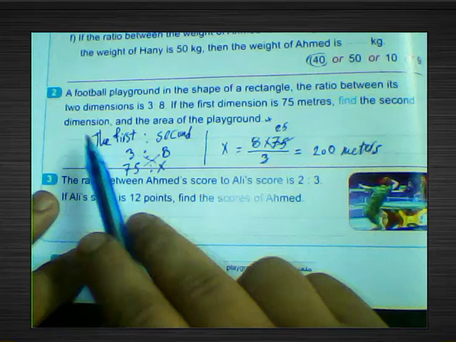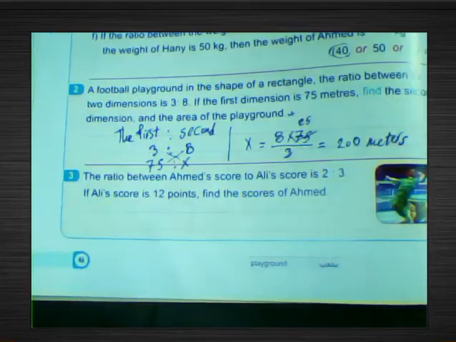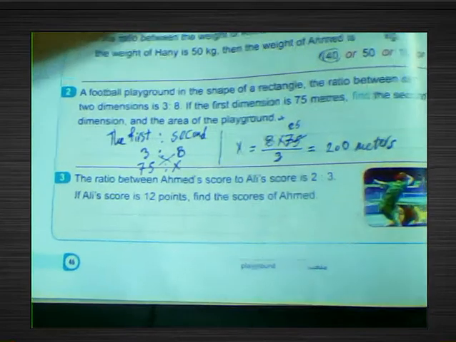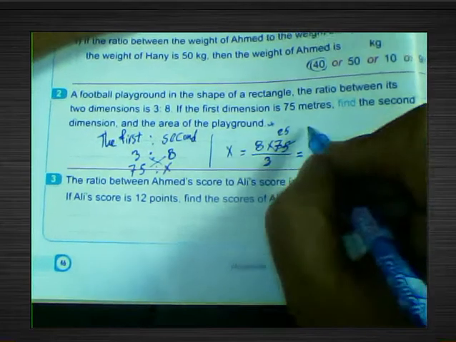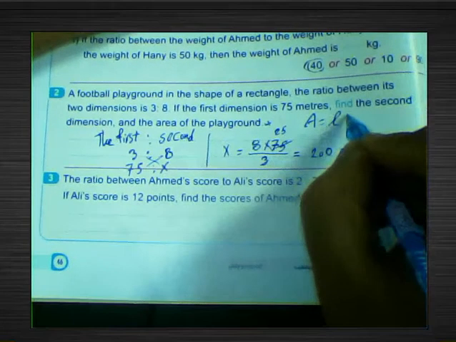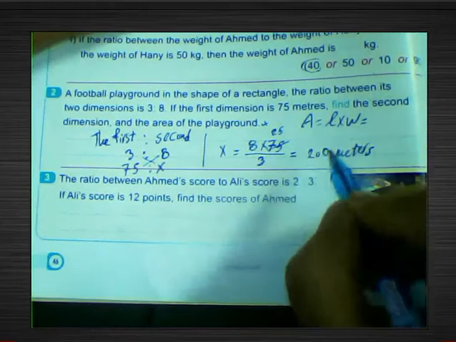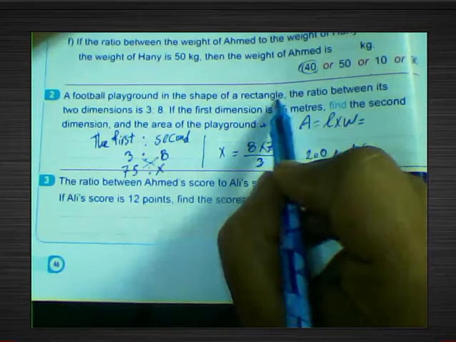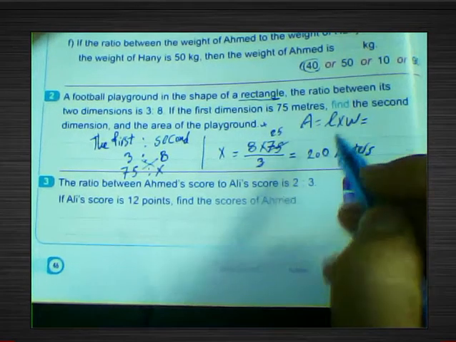It's called a rectangle. The area of a rectangle is length times width. Why? Because we have a rectangle.